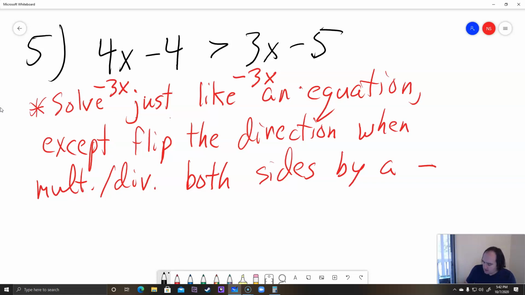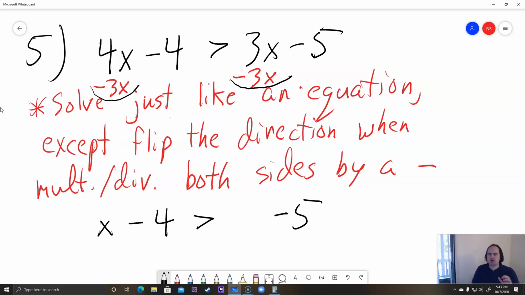So when we do that, on the left side we're going to have 4x minus 3x is x. So we have x minus 4 is greater than negative 5. Okay? So we're solving just like an equation. So we're performing operations to both sides, and we're trying to isolate the variable on one side.